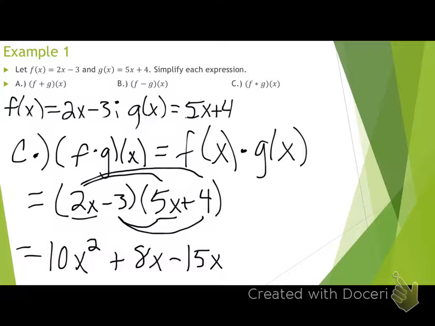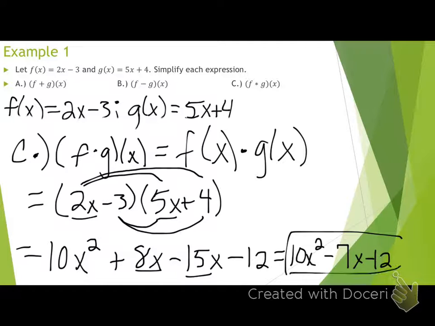There's my second set of distribution if I'm calling it double distribute. That gives me negative 12. Combine your like terms: 10x squared minus 7x minus 12. That's how I would multiply those polynomials. Once again, we're not worrying about that today. I just wanted to show it to you real quick. Double distribute, FOIL. We'll talk about that later on.